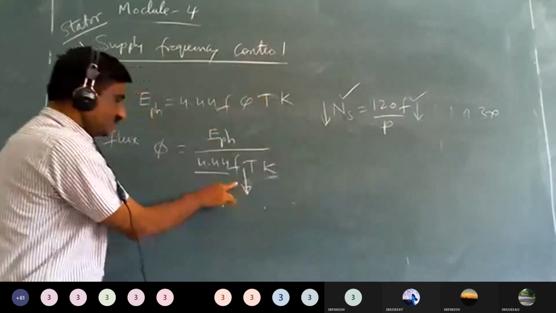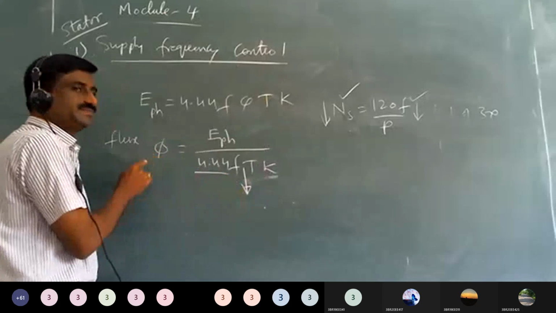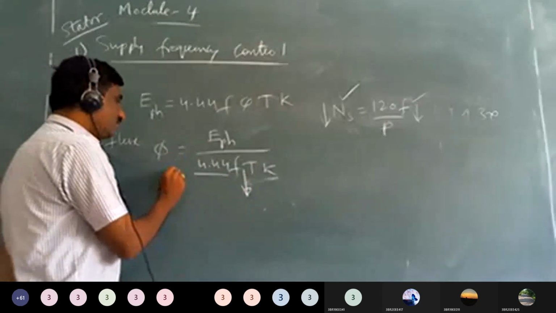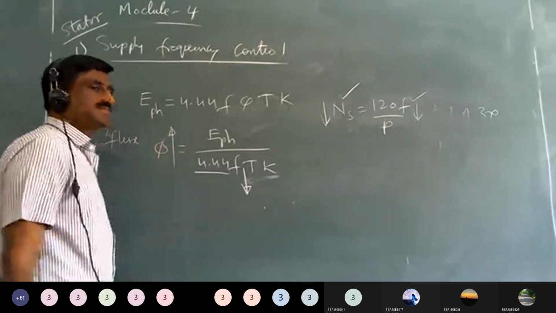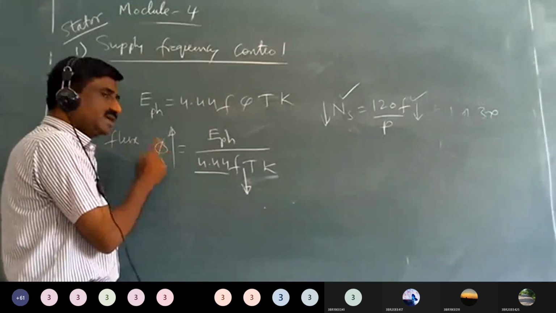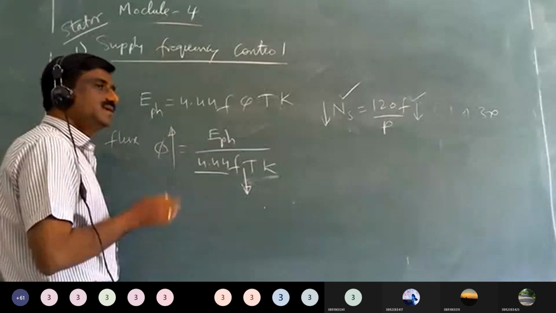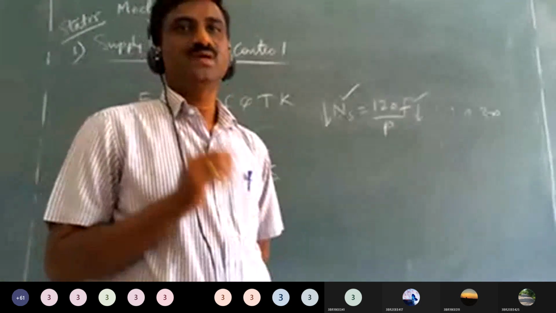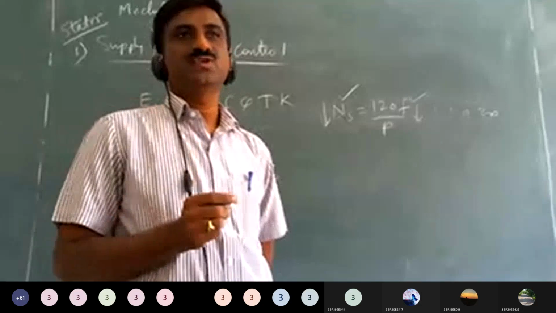If you decrease the frequency, what happens to the flux? Yes, flux increases because they are inverse relations. If the flux increases, it affects the operation of the induction motor.